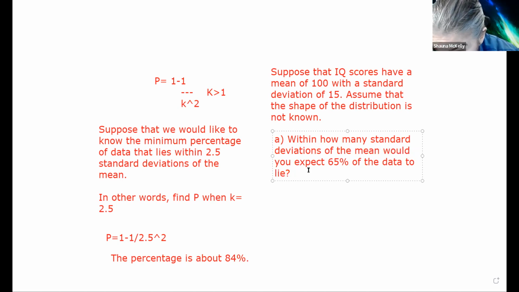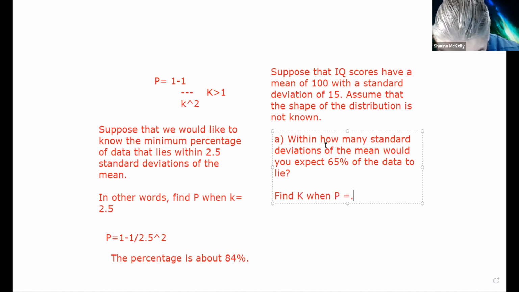In other words, what we want to do here is find K when P is 0.65. That's essentially what we want to do, okay?